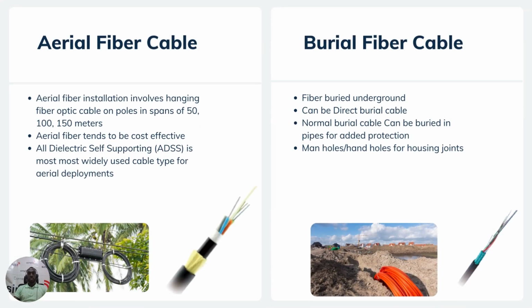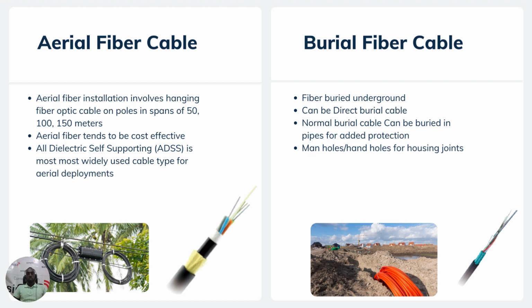Looking at aerial versus buried fiber cable, you get the intuition from the names. Aerial fiber is typically fiber you see run on poles. These days on most streets you see poles supporting fiber cable alongside the poles that run the electricity lines.